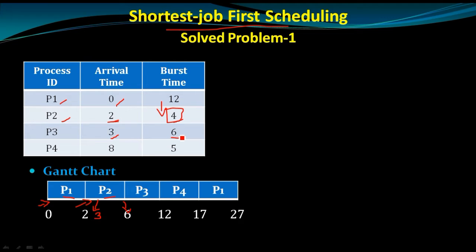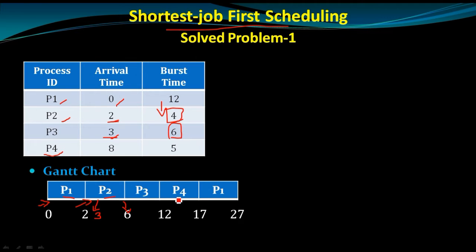Till now, till 6 millisecond, we don't have any fourth process. Only the two processes executed, and one more is in the ready queue, that is P3. So now P3 will get the CPU, and it will complete its CPU burst time.